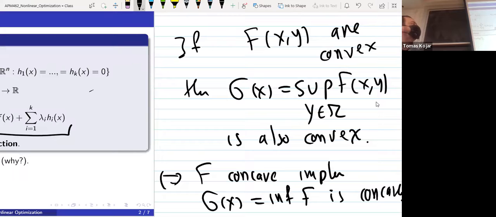So when you take the maximum of convex, you're still convex. When you take the infimum of concave, you're still concave. If you take the infimum of convex, you might not be convex. If you take the supremum of concave, you might not be concave.